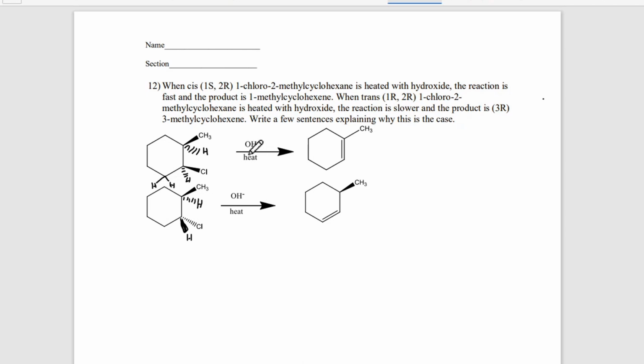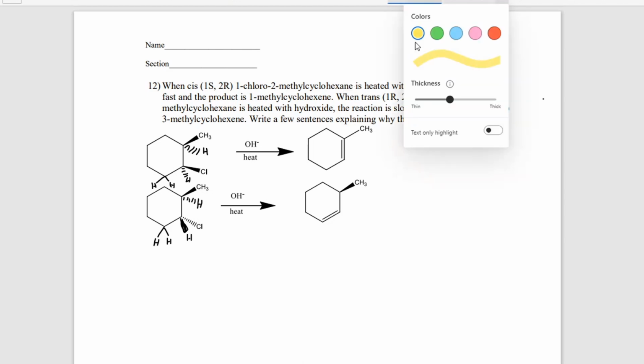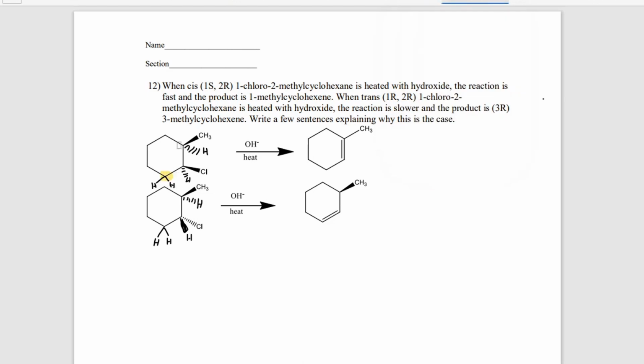It will be the most substituted, so you are correct. But then why do we get the less substituted one removed here? Because it's clear we have two beta positions, right? I'll go ahead and highlight them. Here's your beta carbon here. Here's a beta carbon here. Beta carbon here. Beta carbon here.